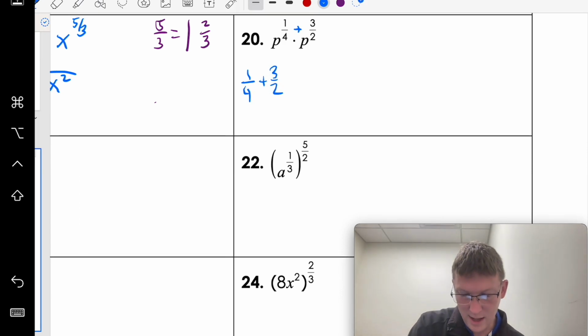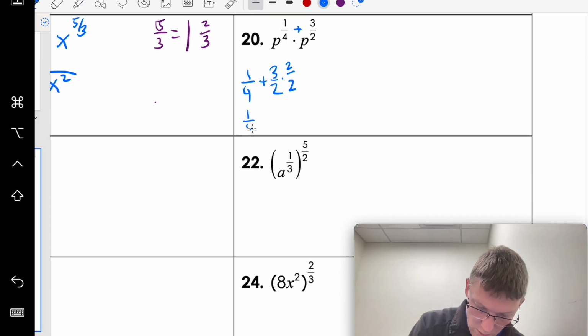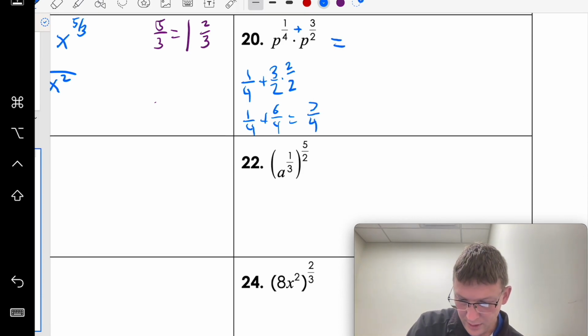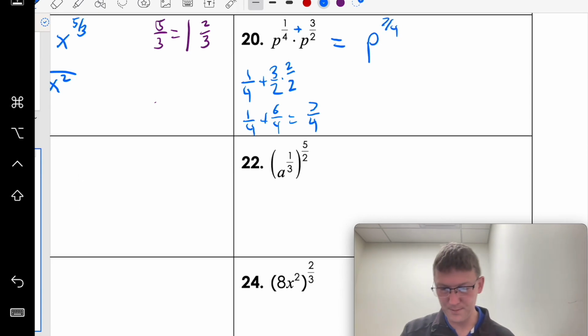How are we going to do that? We're going to change this to have the denominator 4. So now we've got 1 over 4 plus 6 over 4. So now we're going to have 7 over 4. So our answer here is going to be p to the 7/4.